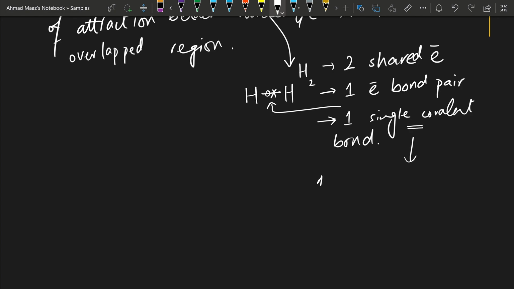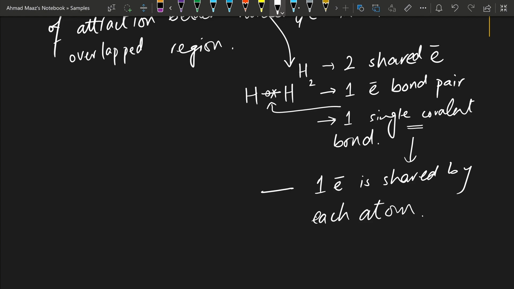Because one electron is shared by each atom. That is why we call it a single covalent bond, and it is denoted by a single line. The single line between two hydrogens shows us that there is a single covalent bond.